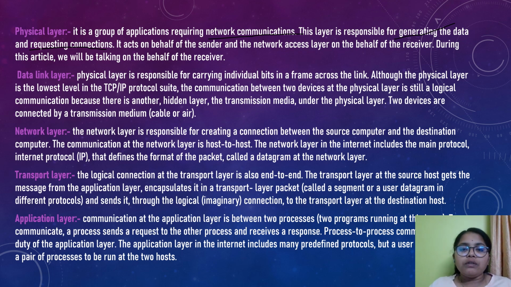It acts on behalf of the sender, and the network access layer acts on behalf of the receiver. Network is accessed on behalf of the receiver, and it acts on behalf of the sender. In the IP suite model, we will be talking on behalf of the sender and receiver.